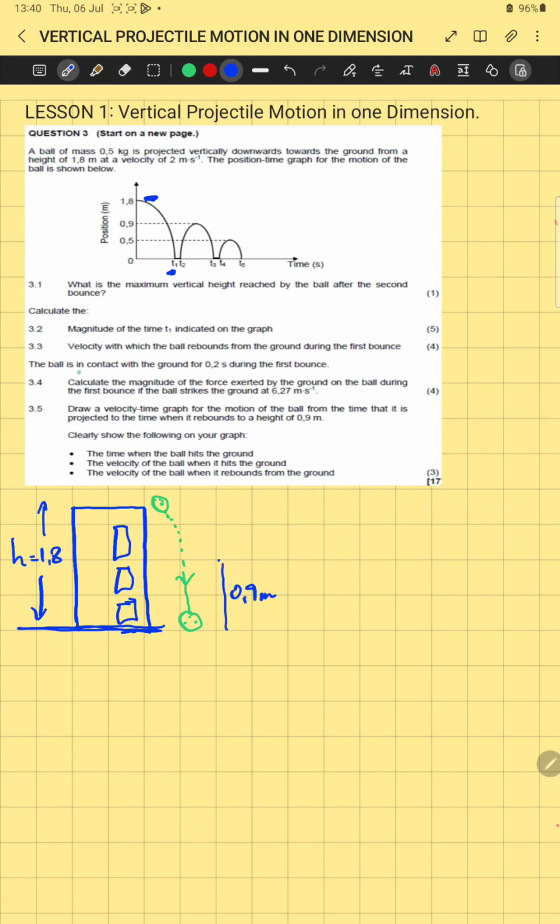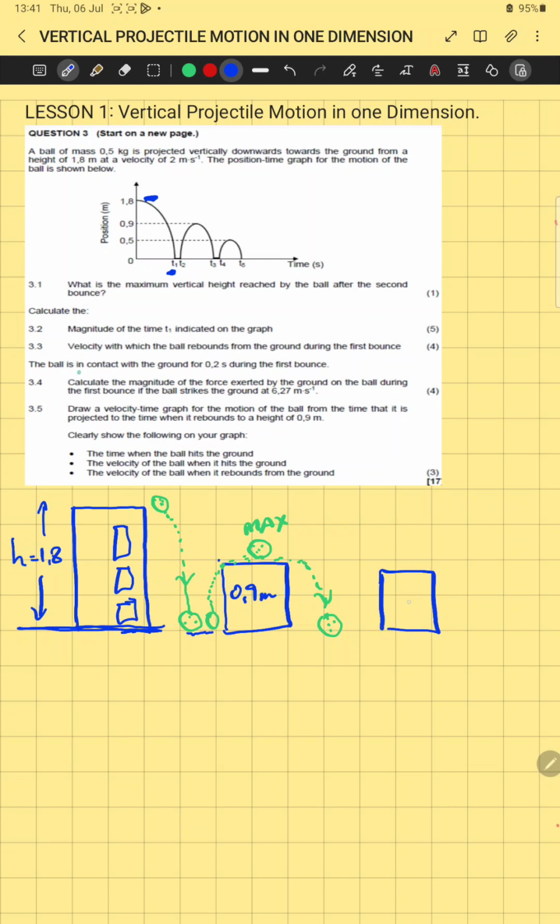So this ball is going to be in contact with the surface just for a couple of seconds, and then the ball will be bouncing and going up again to reach this height. So this is the ball, and this is the maximum height that is going to be reached by the ball, and the ball will be back to the ground again. So this is the ground again.